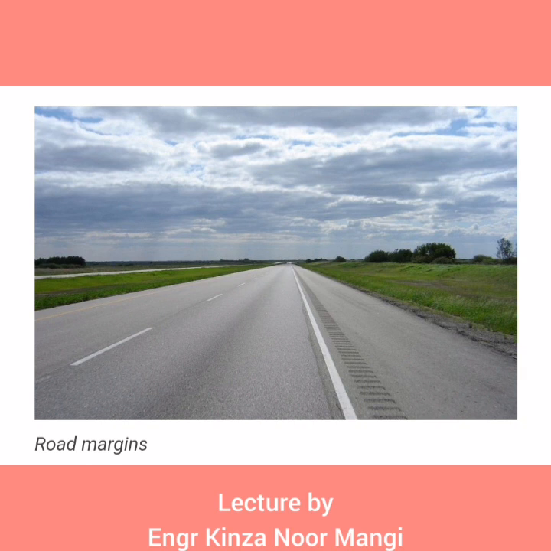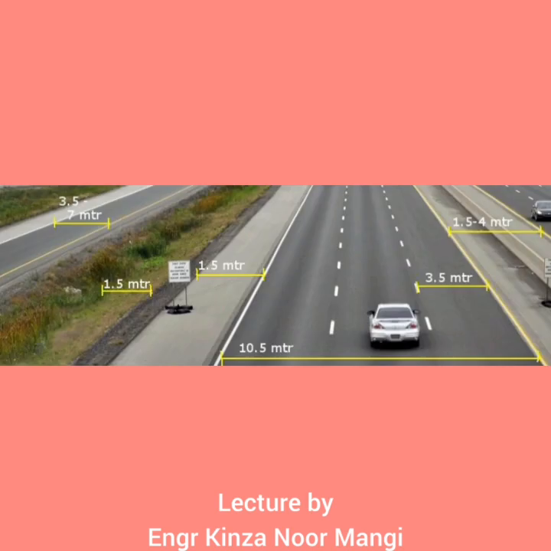Now these margins separate and represent that this portion is of the shoulder and this is the portion of the lane, so that the travelers and the people who are moving as pedestrians can differentiate which space is reserved for the vehicles and which space is reserved for the pedestrian.